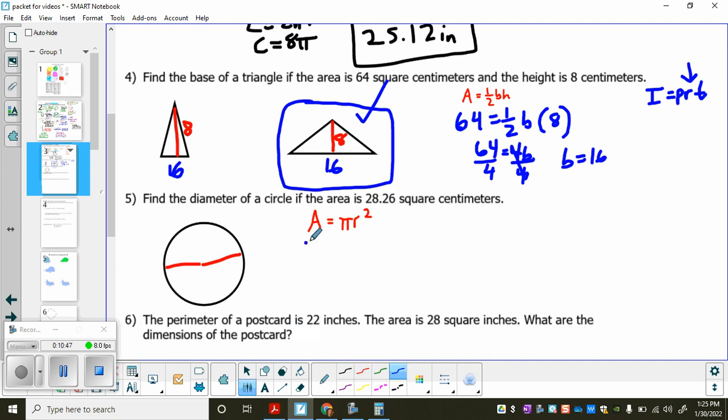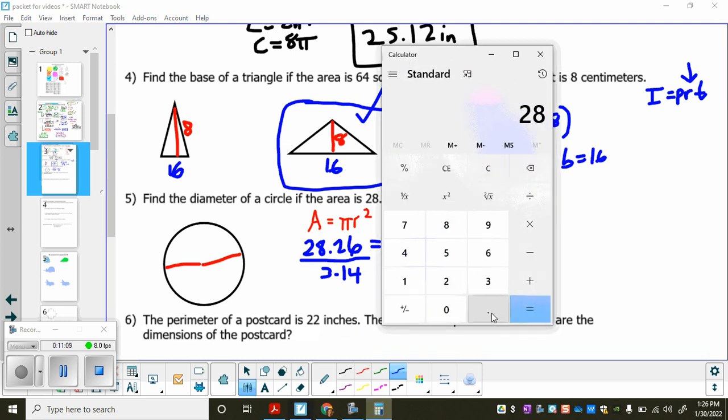All right, so we're going to set the equation equal to the given total to find the missing dimension. So here the area is 28.26. We know pi is 3.14. And remember, I don't know what r is, so I can divide both sides by 3.14 to get r squared. This cancels out, and you can use the calculator to do 28.26 divided by pi, and that's going to be a 9.